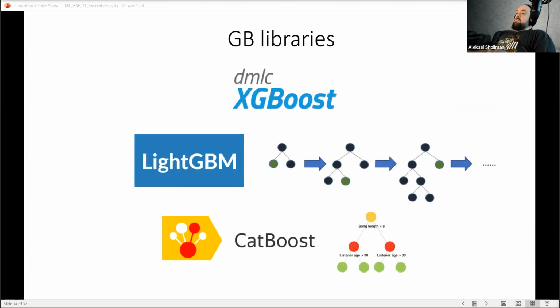Now, good news. There are many gradient boosting algorithms, and 3 main libraries. The first one was XGBoost, or extreme gradient boosting, which is independent. Then there was LightGBM from Microsoft and CatBoost from Yandex.